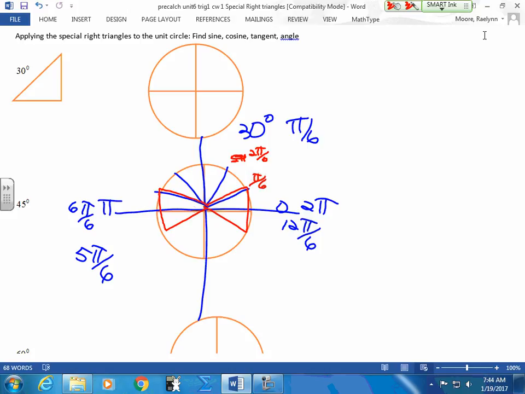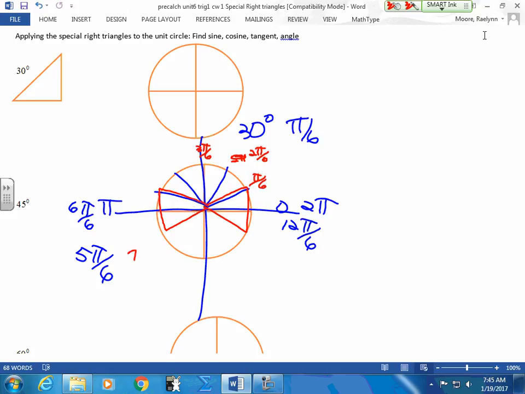Oh, 2 pi over 6 is the same as pi over 3. There's my 60. 3 pi over 6. 3 pi over 6 is the same as what? Pi over 2. Doesn't 3 30s give me a 90? There's my pattern. All I care about are these guys right here, closest to that axis.